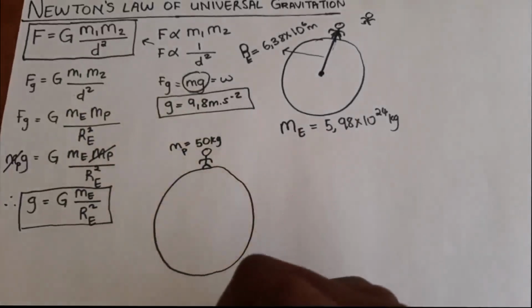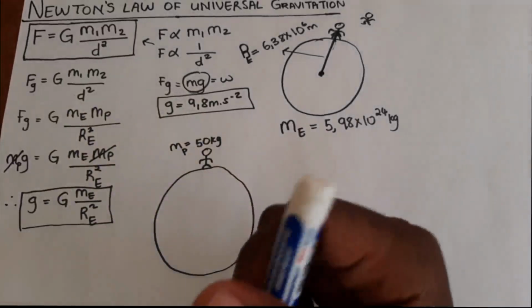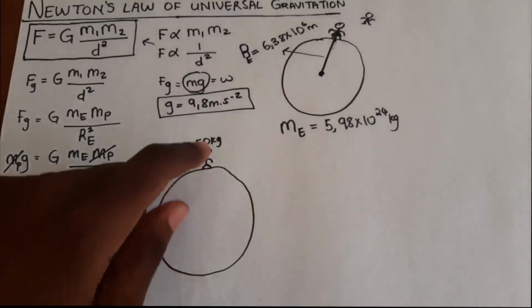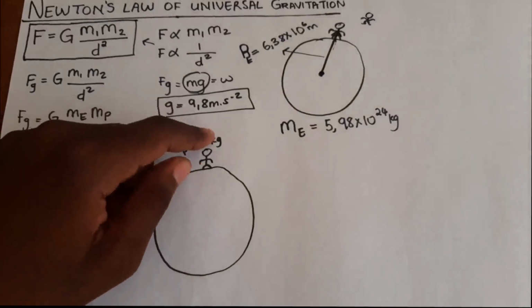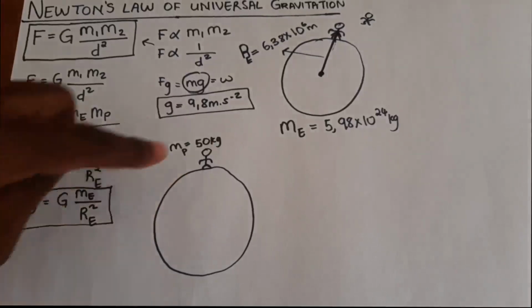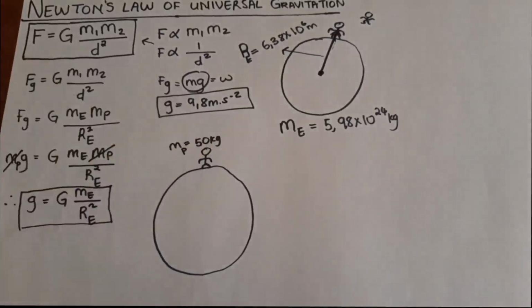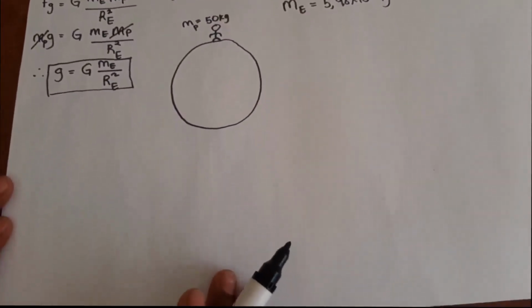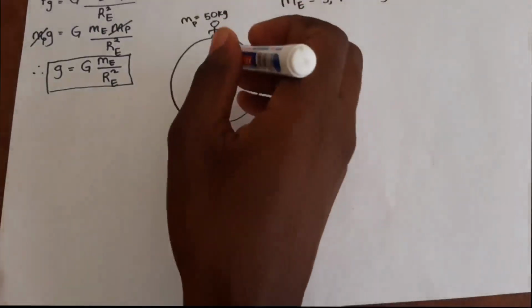So the question says: let's calculate the gravitational pull between the earth and the man, or the person, with a mass of 50 kg, if this man is on the earth's surface.